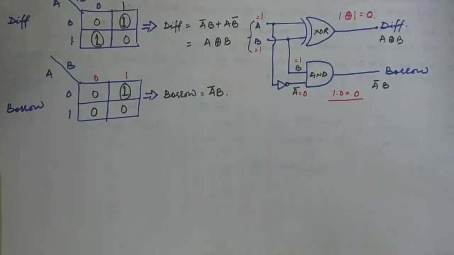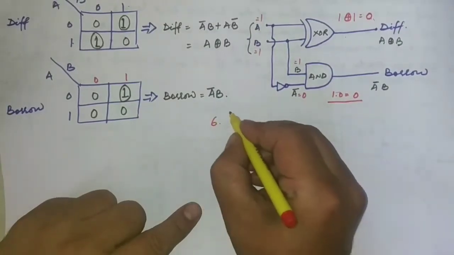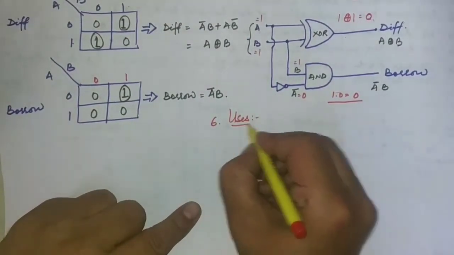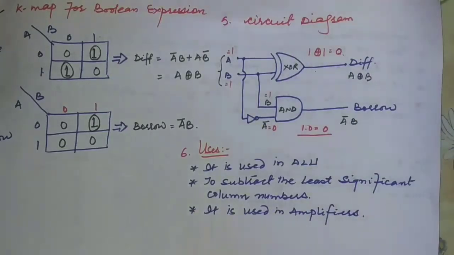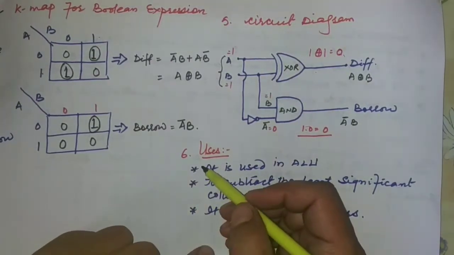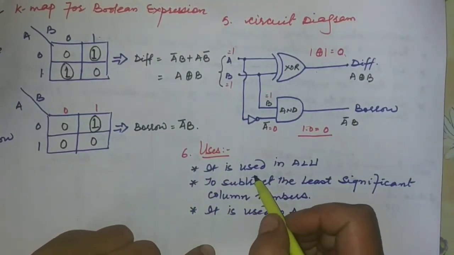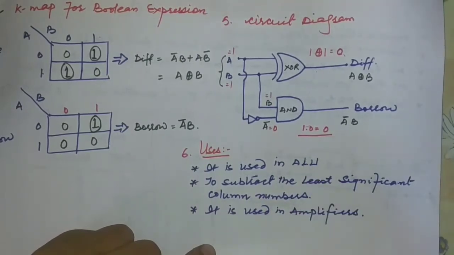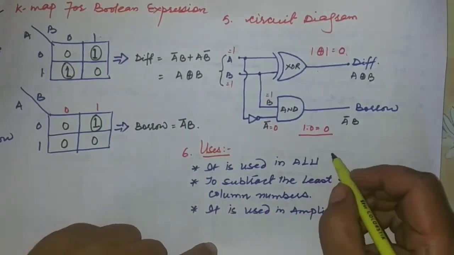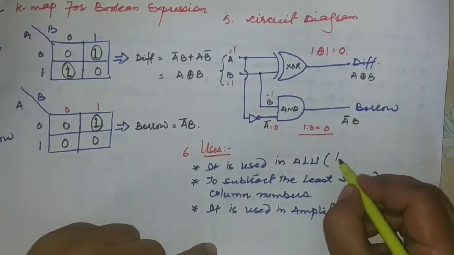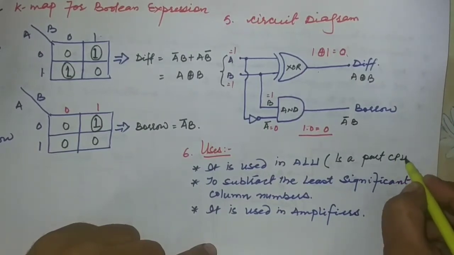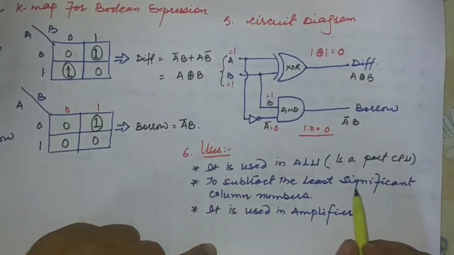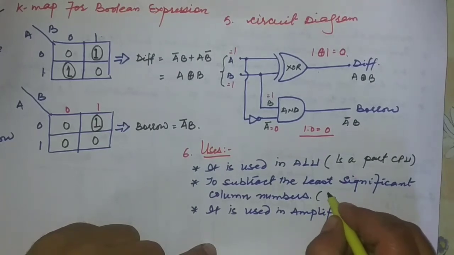And the next is some of the uses of the half subtractor. First of all, it is used in the arithmetic logic unit to do arithmetic calculation. We know that the arithmetic logic unit is a part of the CPU.